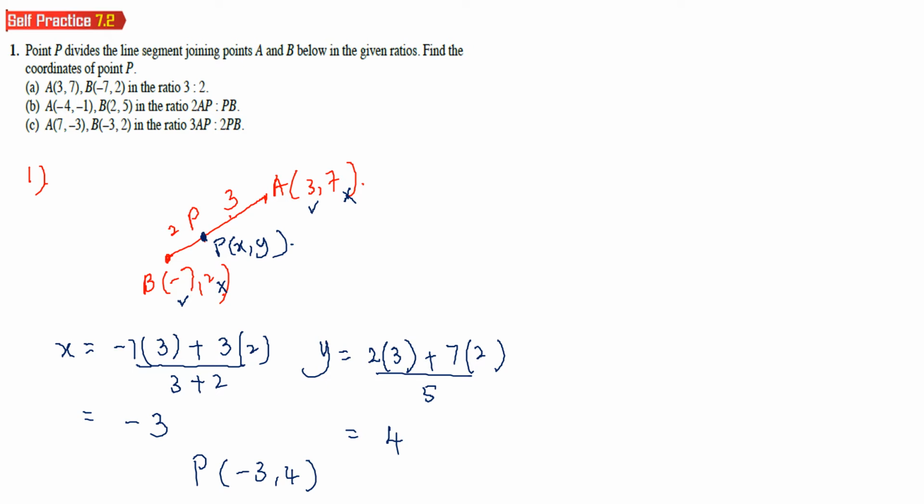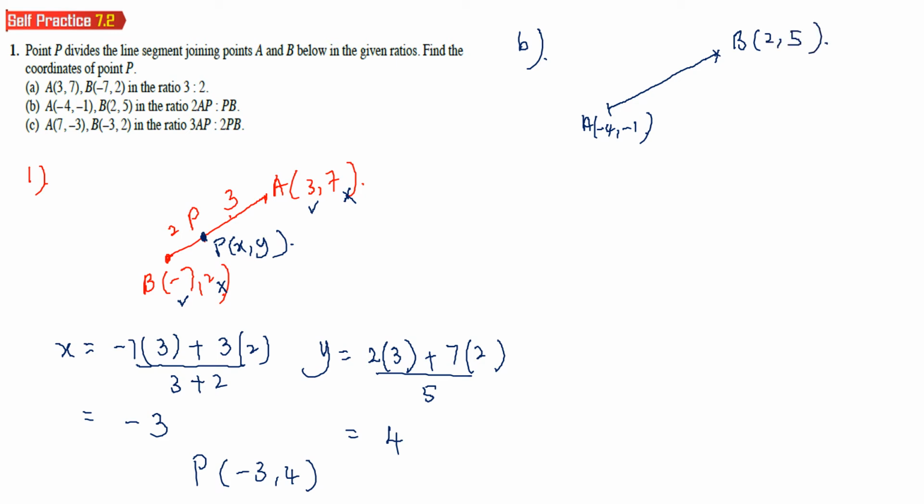Okay, now we look at question B. What you shall do for the question is sketch the diagram. The straight line is A, negative, negative. So A is at our left hand side. This is A, negative 4, negative 1, and B is 2, 5.